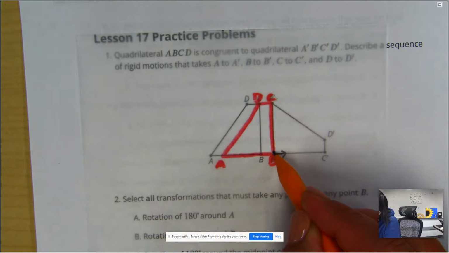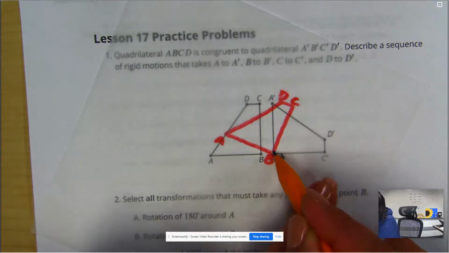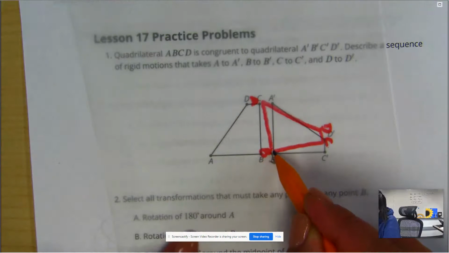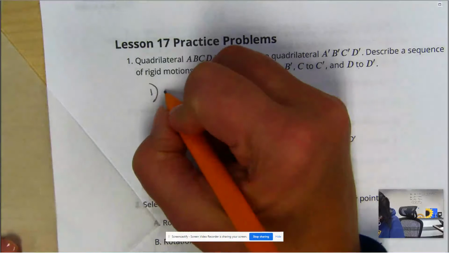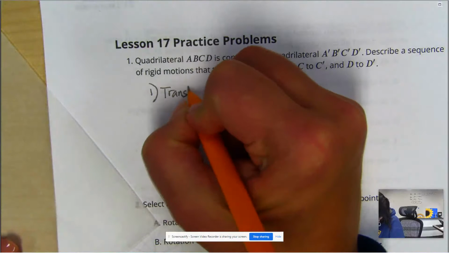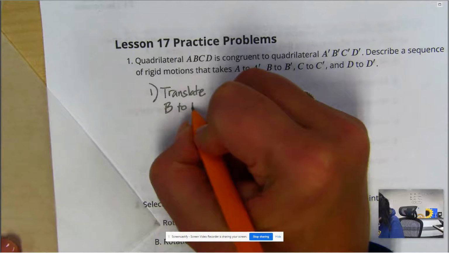So rotate clockwise around B until C coincides or lines up with C prime. And then you have to be able to say those things that we just did. So here we go. Step 1, we translate B to B prime.